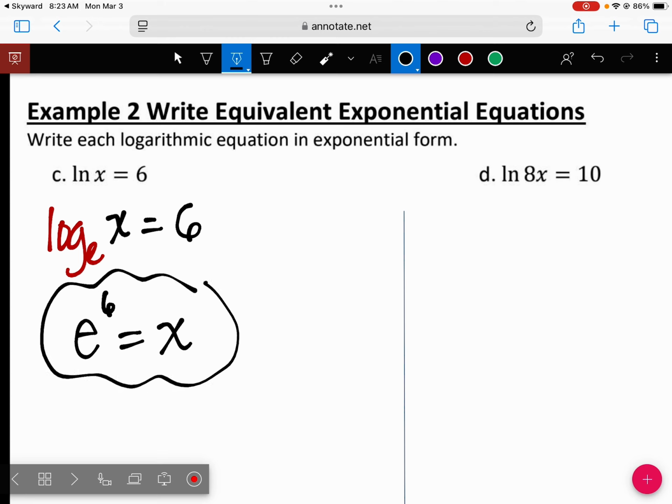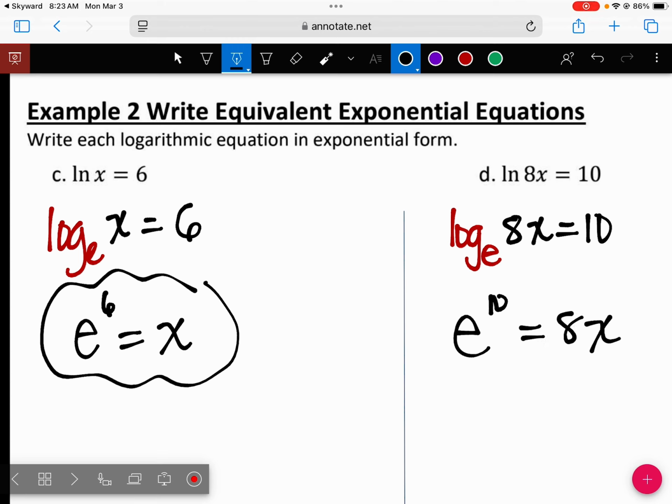And that would be your final answer. So we have the log base e of 8x equals 10. So that would be e to the power of 10 equals 8x. Pretty easy, right?